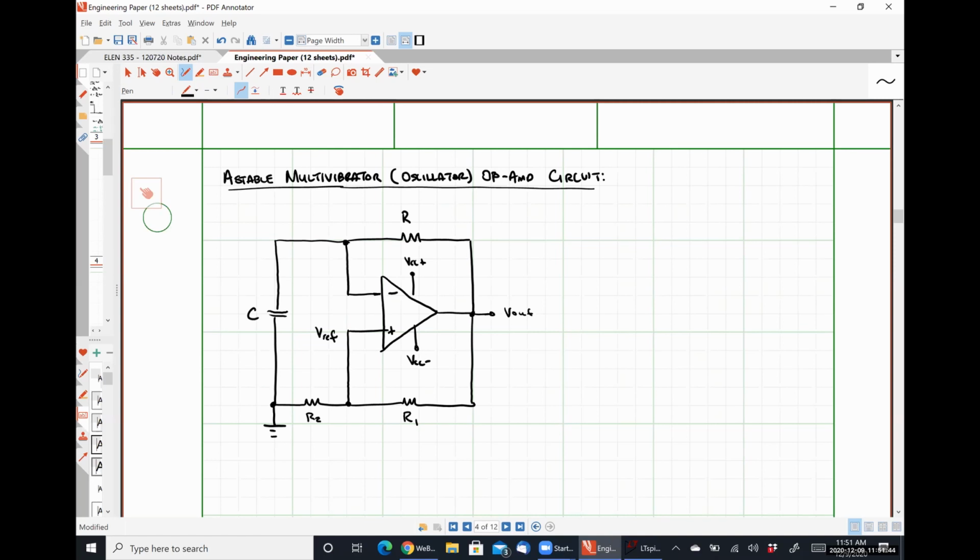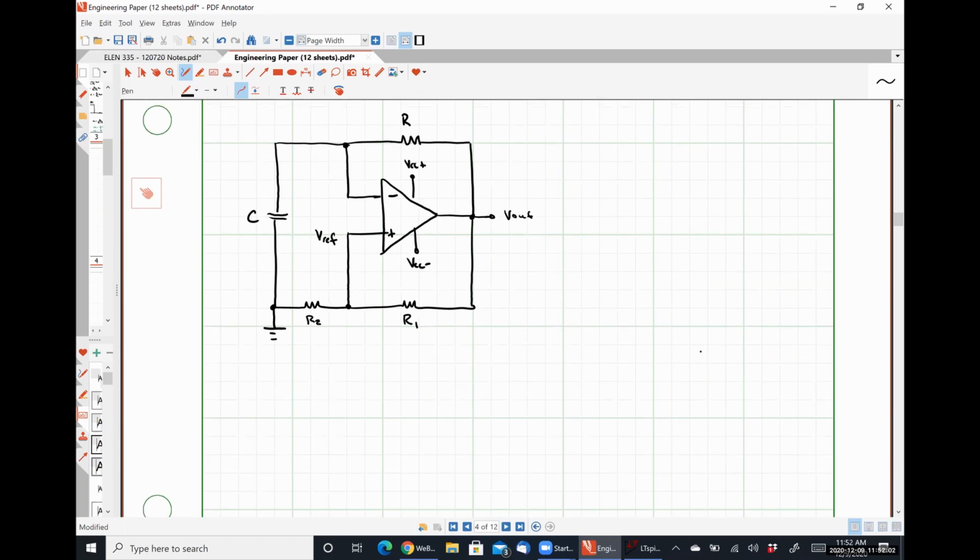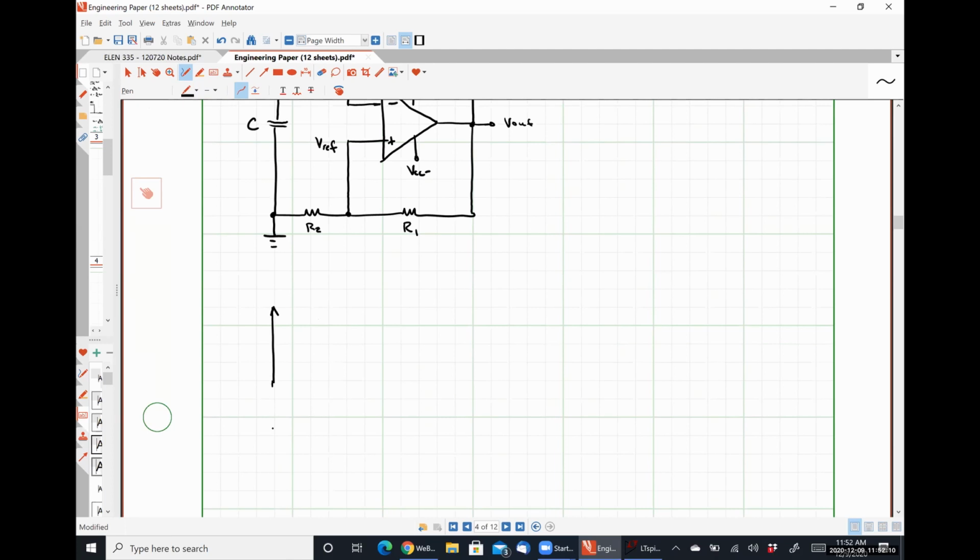This also, if V out is positive, means that current can flow through this resistor and start charging this capacitor up, okay? So what we should see, if we plot what's happening here, one, two, three, four.